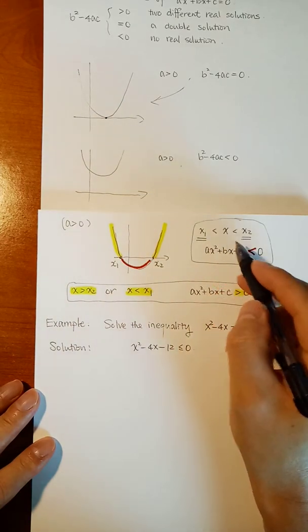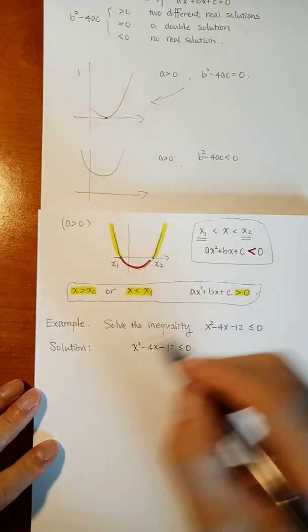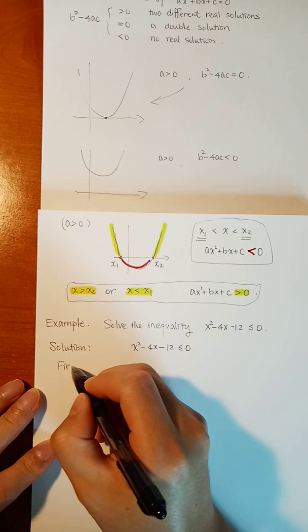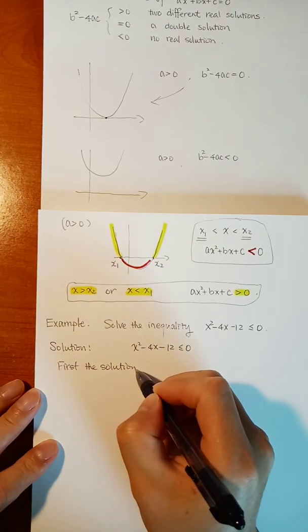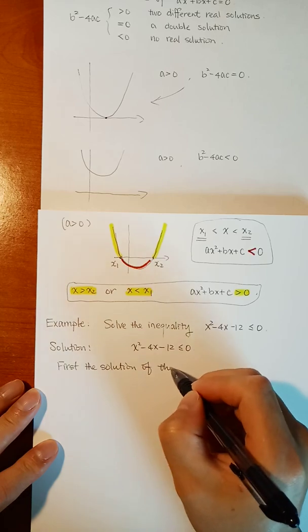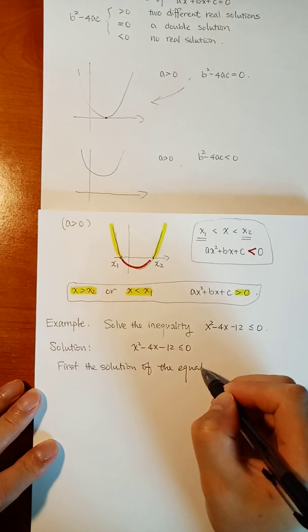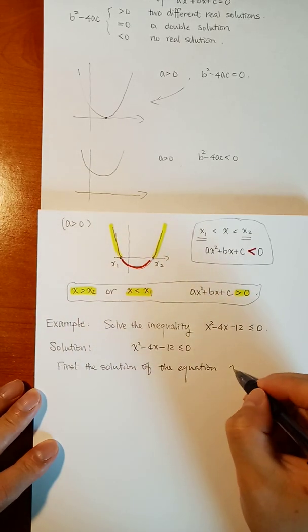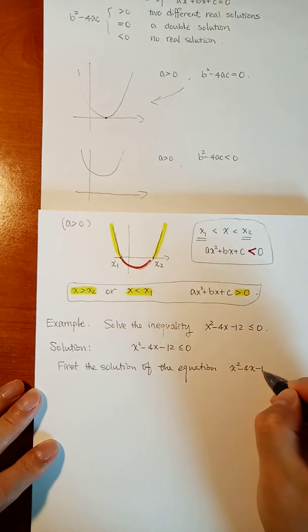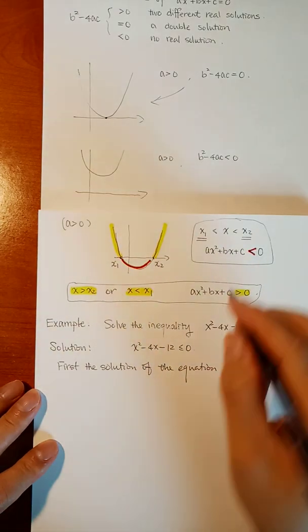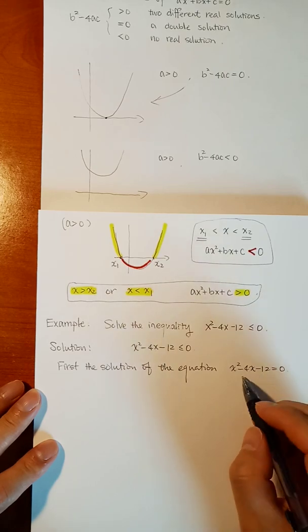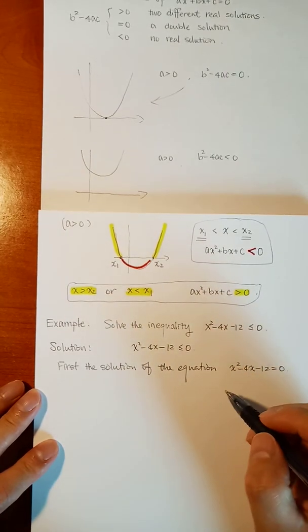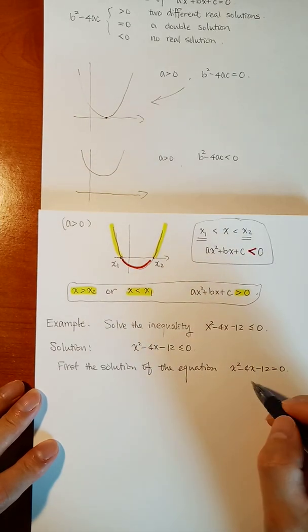And then we are looking for the solution of the equation. Equation what? x squared minus 4x minus 12 equal to 0. We first find the solution of the equation. For this one, we use the factorization cross multiplication trick.